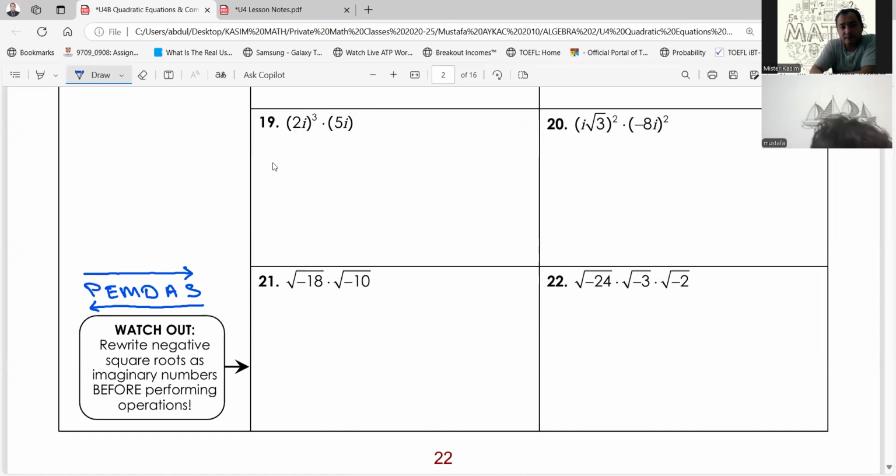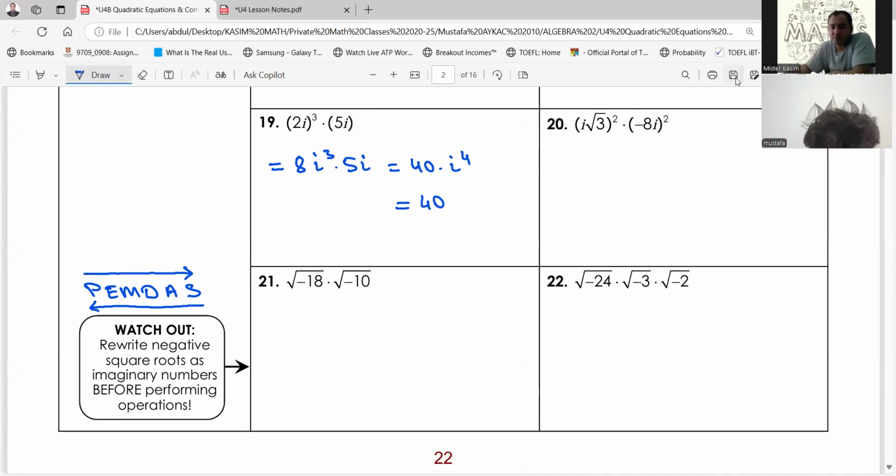What is 2 cubed? 2 cubed would be 8. Here we have 8i to the power of 3. And here we have 5i. If you simplify this, 8 times 5 is 40. i times i to the power of 4. And we know that i to the power of 4 is 1, right? That's why it is equal to 40.